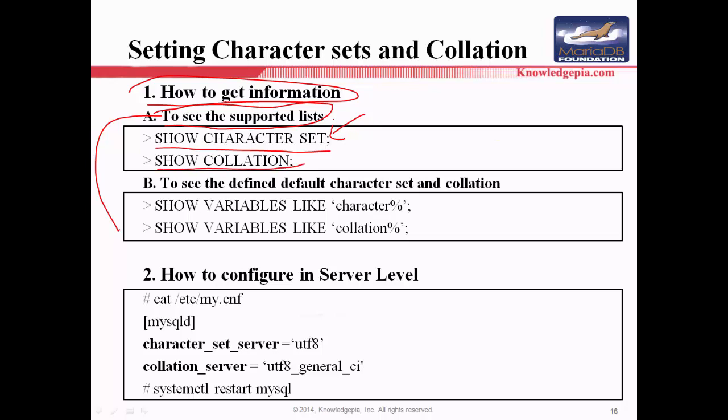SHOW COLLATION as well, this one is similar. B, to see the default character set and collation. If we want to know what default character set and collation your database system has, then you can use SHOW VARIABLES LIKE 'character%' or 'collation%'.